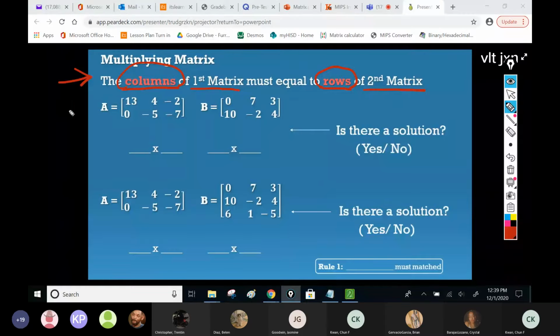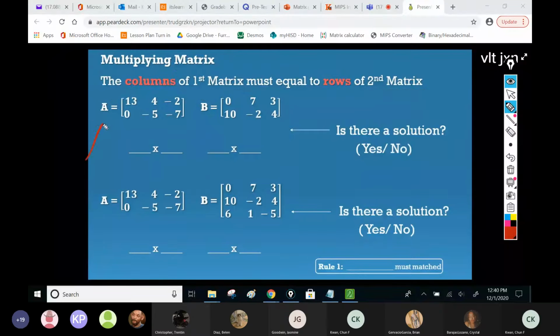So let's take a look at this example right here. Let's just say I'm trying to multiply matrix A and matrix B. I want to multiply them together. So before doing any calculation, check to see if there's a solution first.